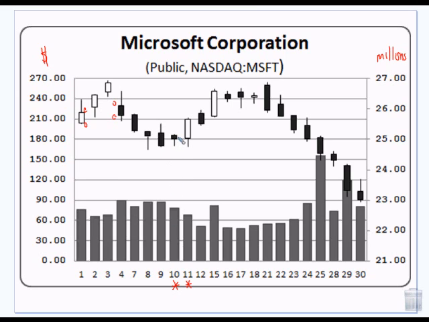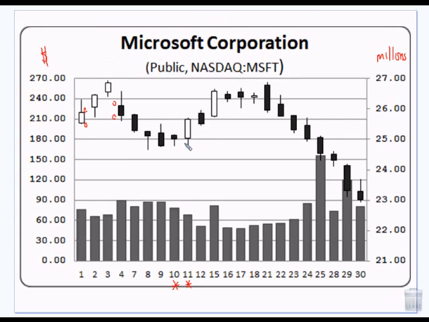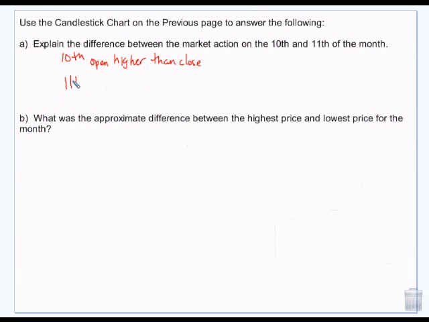On the 10th, what do we have? Yeah, we have a decrease. So it opened higher than the close. And on the 11th, that's here, it closed higher than it opened. So it kind of gained it back.